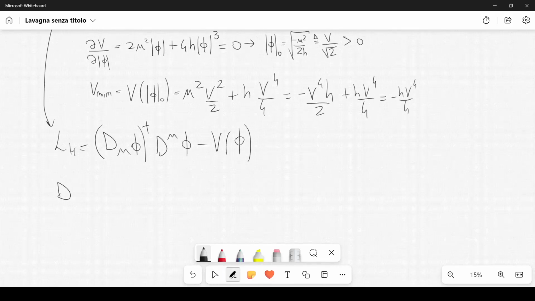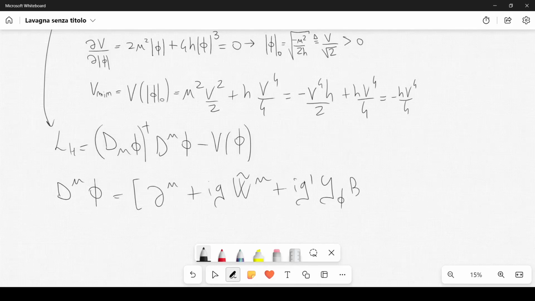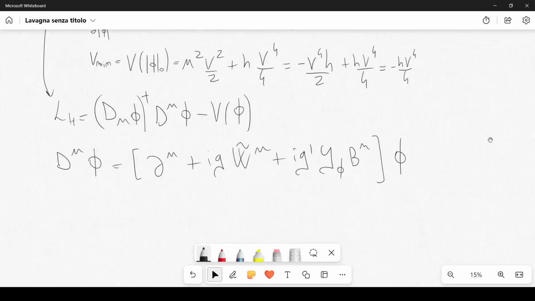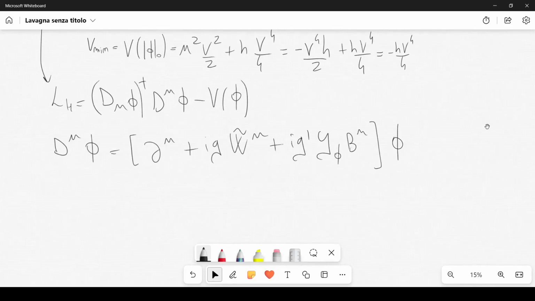And the covariant derivative applied to φ is ∂_μ plus i g W̃_μ plus i g' Y_φ B_μ, applied to φ. This transformation is due to the fact that φ is an SU(2)_L doublet, so it can interact with the W boson and also with B_μ.